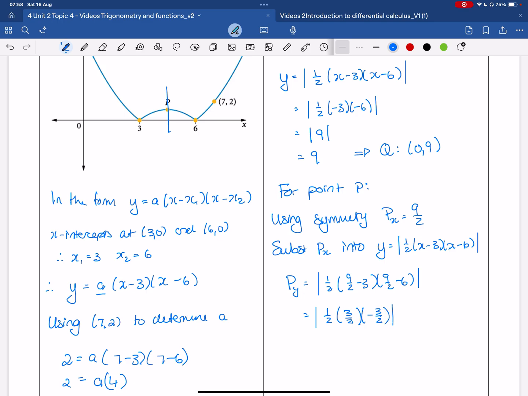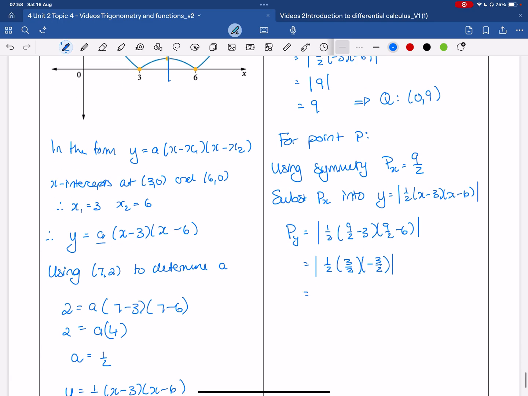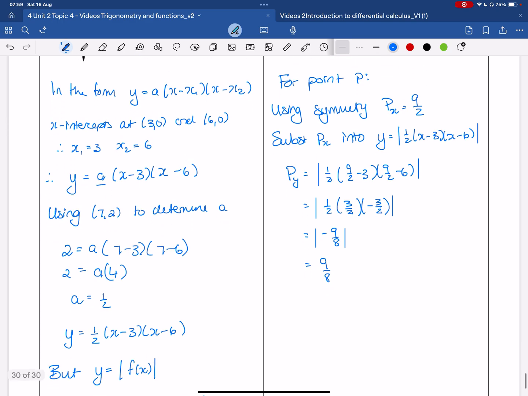We're still working with absolute values here. That's going to be the absolute value of negative 9 over 8, but because we want the absolute value, that's positive 9 over 8. So therefore my point P is going to be (9 over 2, 9 over 8).